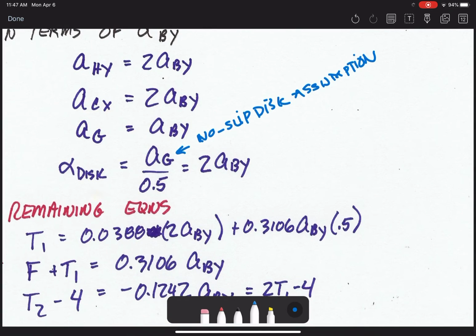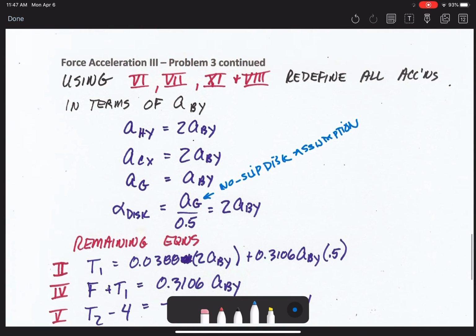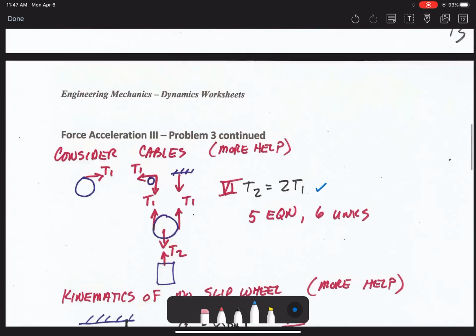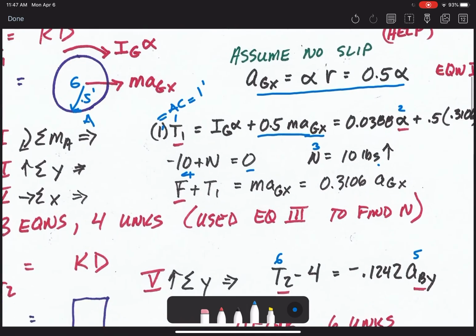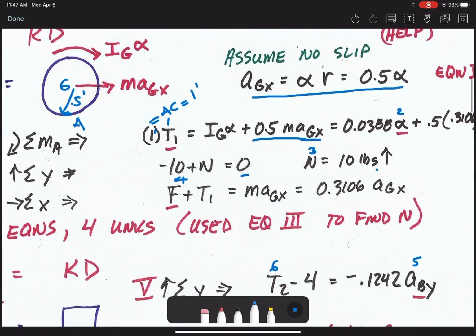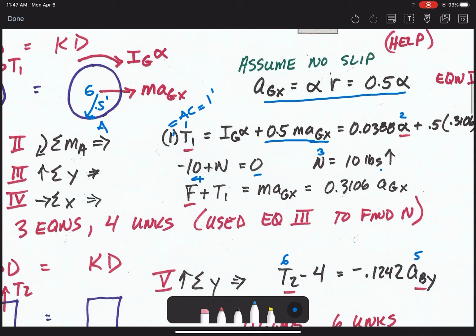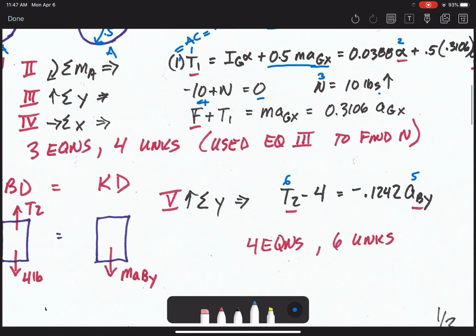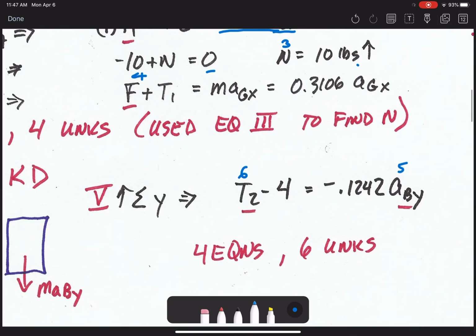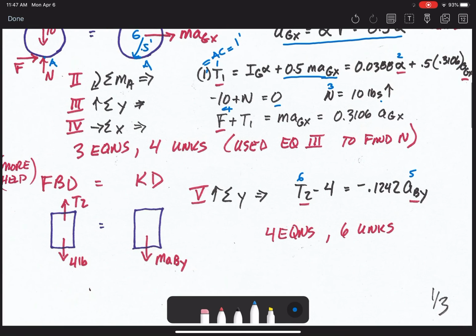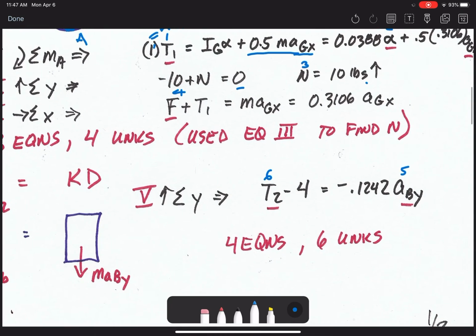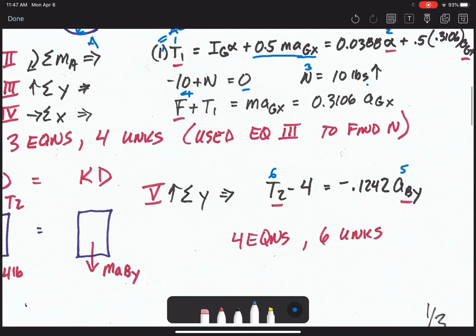And from that, we can plug into the very first equation we have, which is equation number 1 for the moment about A. Equation number 4 in here, sum of all the force equals MAGX, T1 minus friction, and then we have equation number 5, sum of all the force in the y direction for the block B, T2 minus 4 equals negative 1242 ABY.